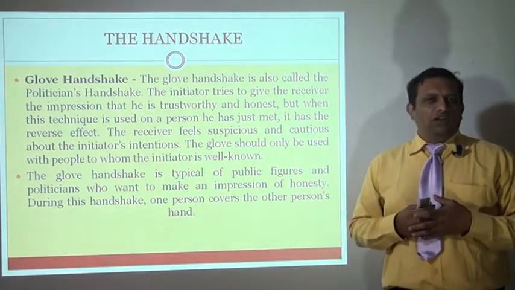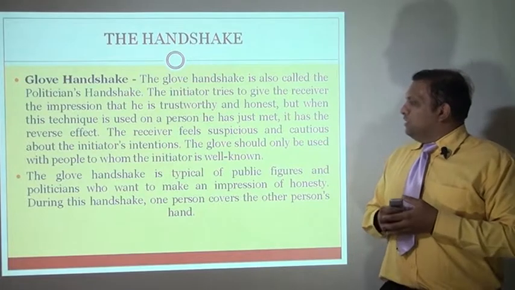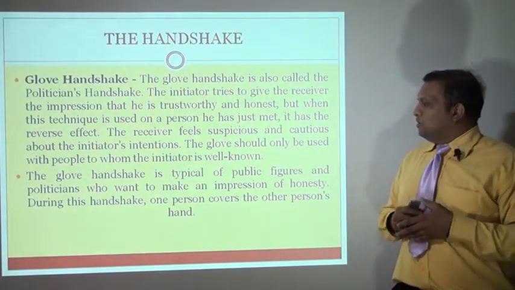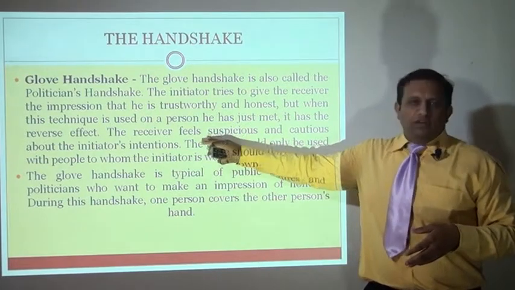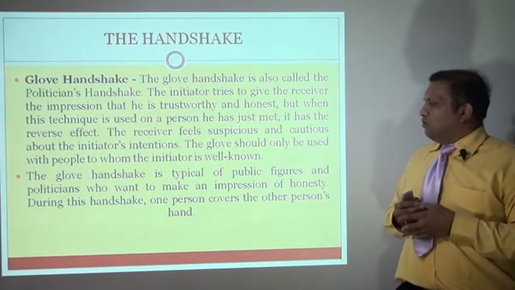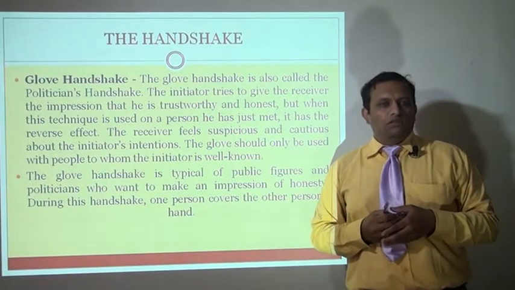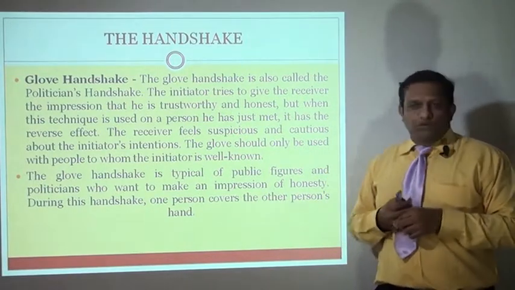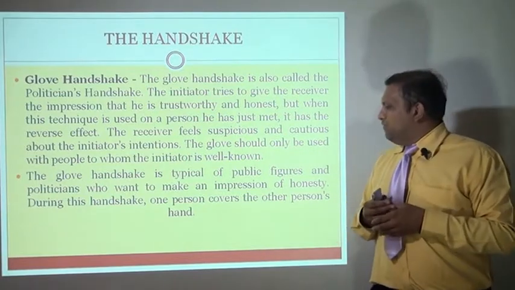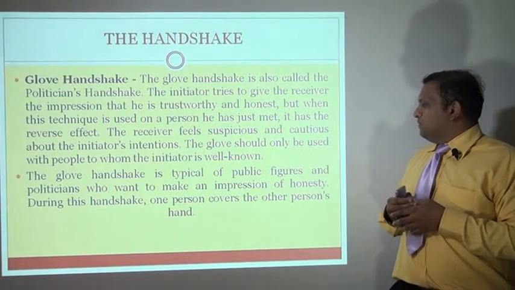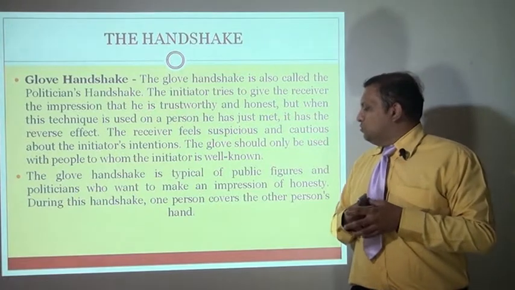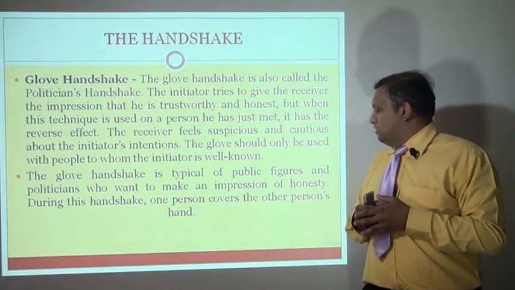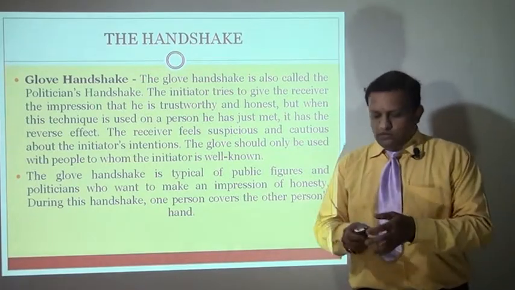But we should see that we do not overdo it, because the receiver, if it is overdone, can feel suspicious and cautious about the initiator's intentions for the future. The glove handshake is typical of public figures and politicians who want to make an impression of honesty. During this handshake, one person covers the other person's both hands.